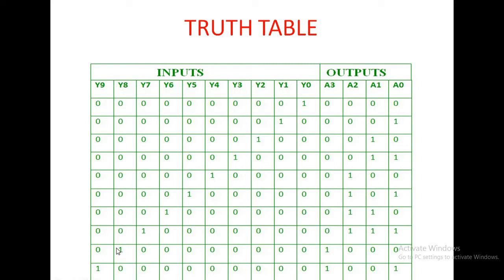And next, Y8 is 1 and all other inputs are 0, so the output is 1000, since the binary equivalent of 8 is 1000. And at last, Y9 is active and all other inputs are 0 and the output is 1001, and we know that the binary equivalent of 9 is 1001.